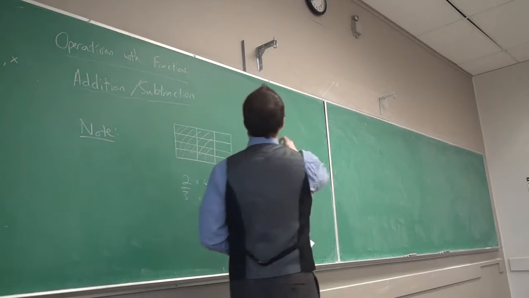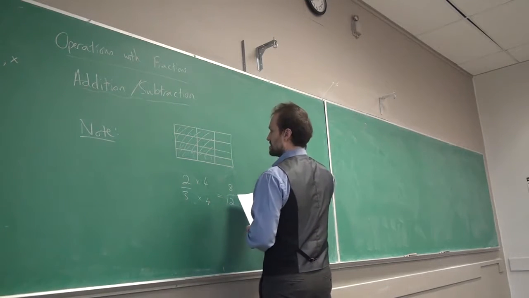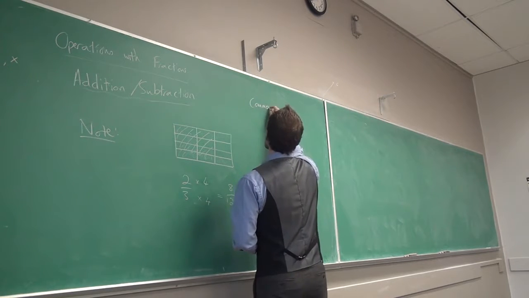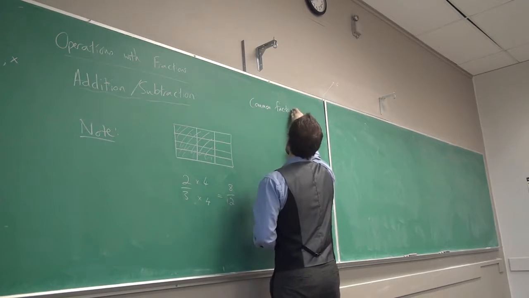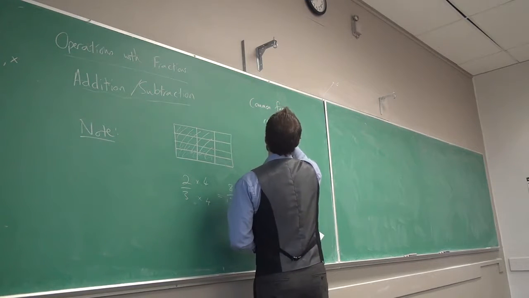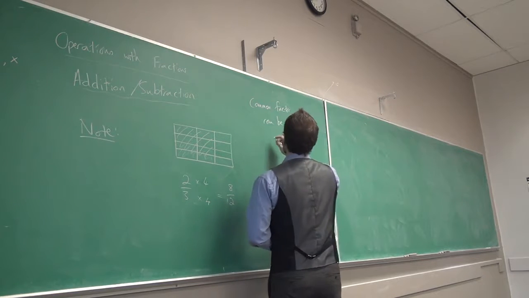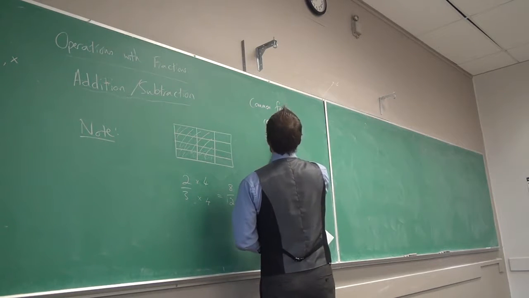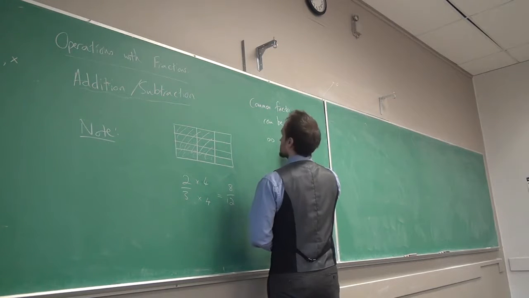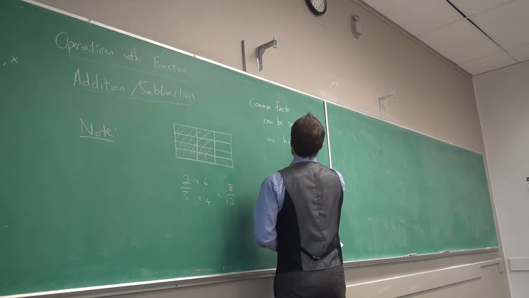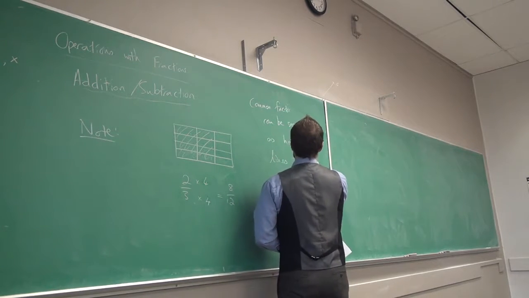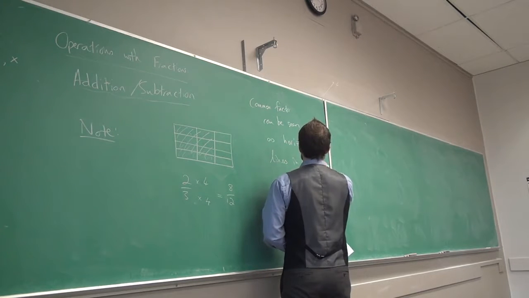Okay, so should we write this down? The common factor can be seen as horizontal lines in the rectangular representation.